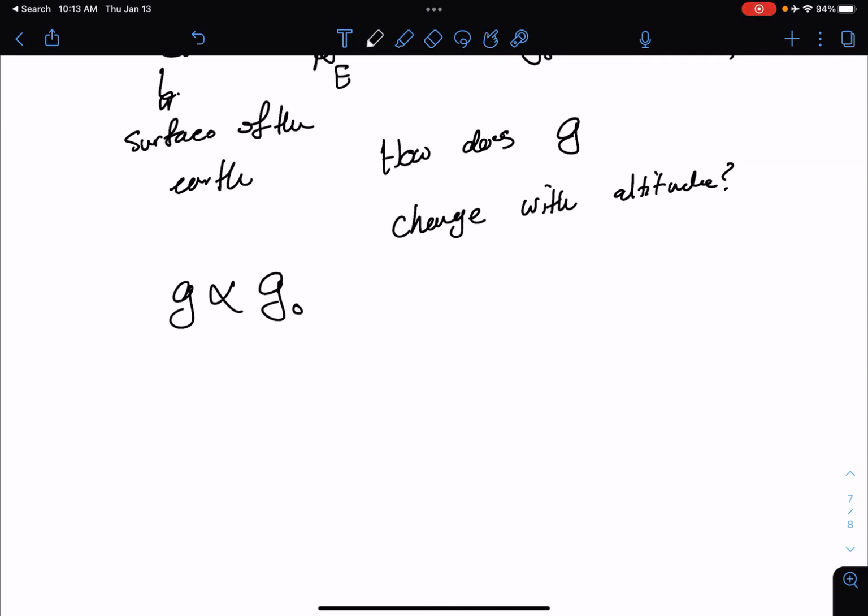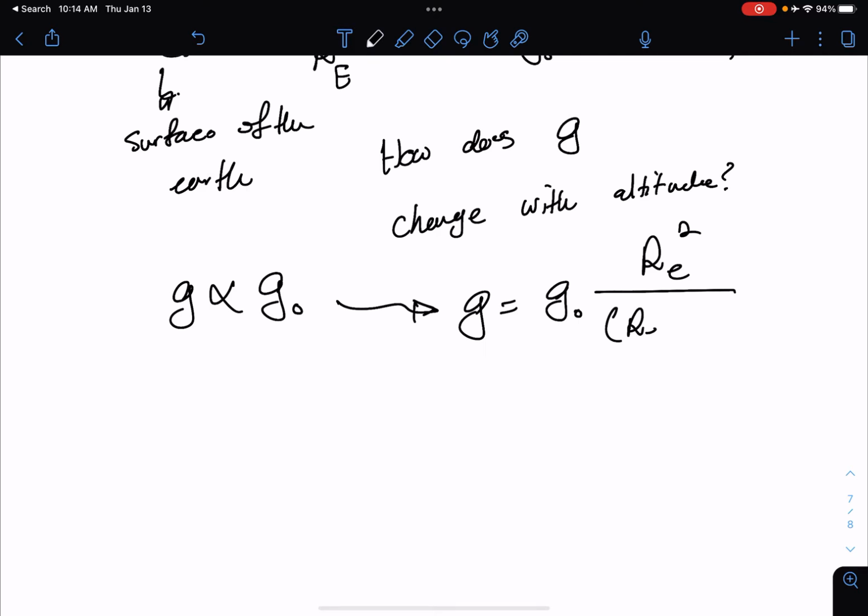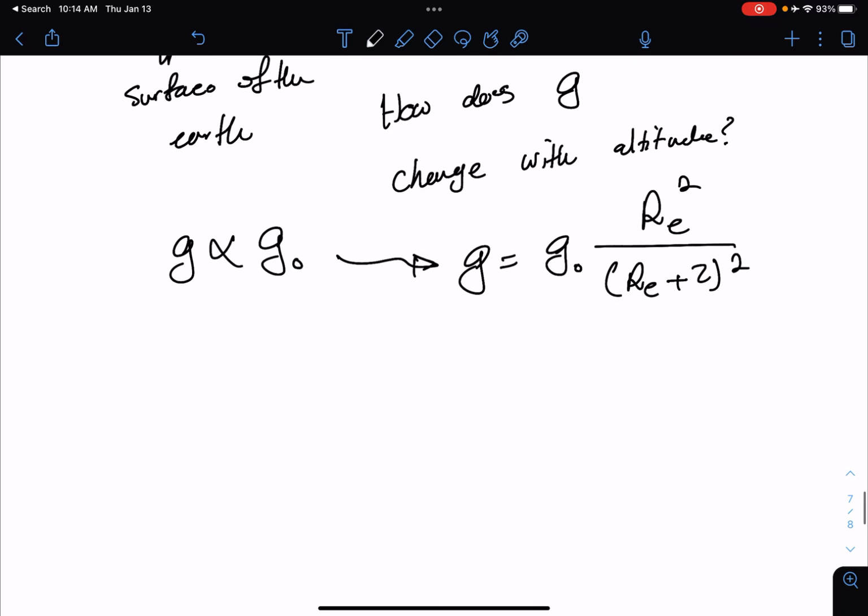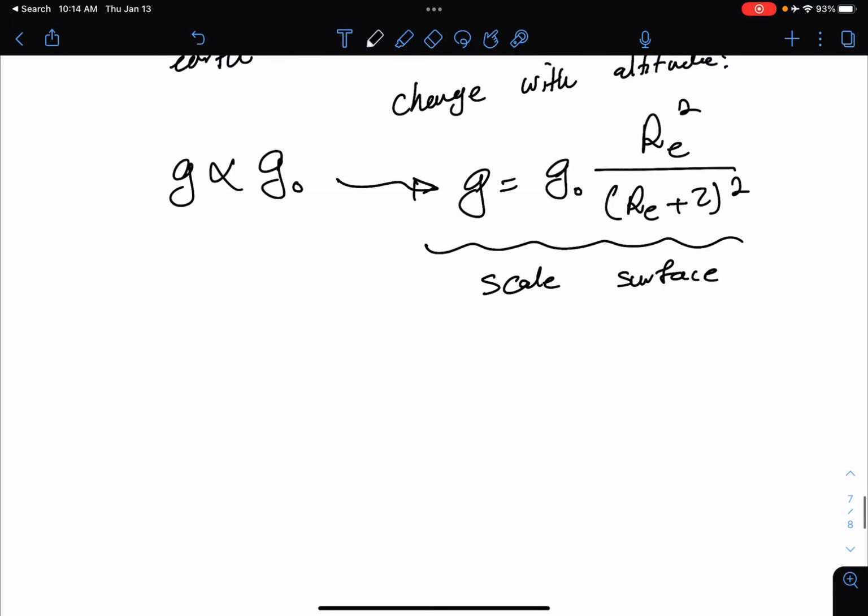It's a pretty simple calculation, but you'll end up with this relationship. So the gravity at any altitude is equal to g naught multiplied by the Earth radius to the power 2, divided by your altitude plus Earth radius to the power 2. So essentially you are to scale the Earth's surface gravity with altitude.